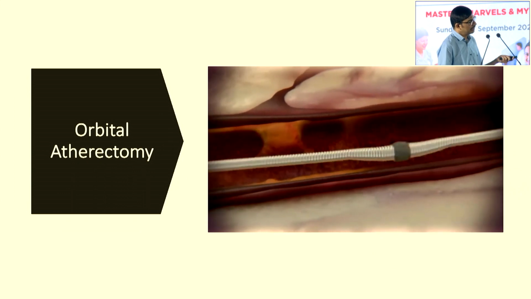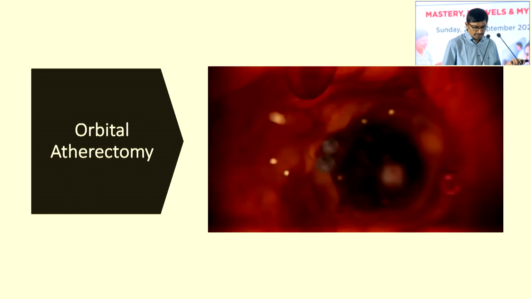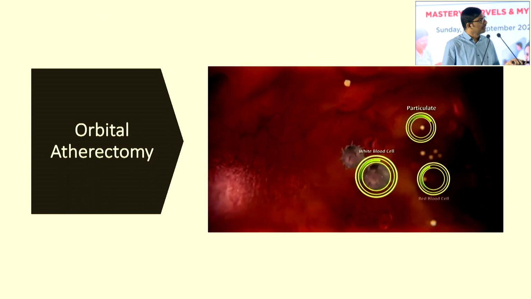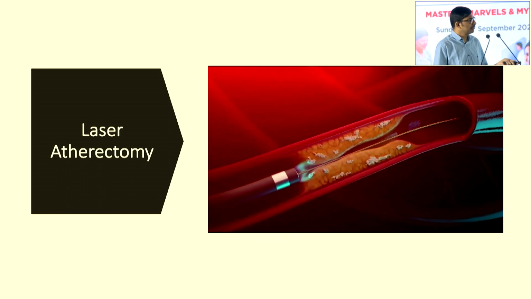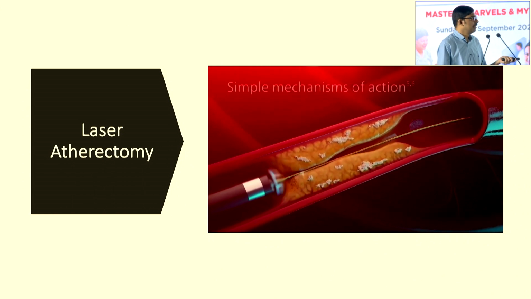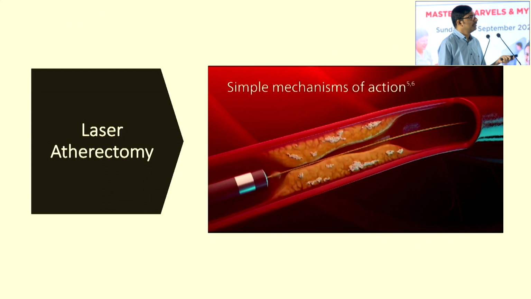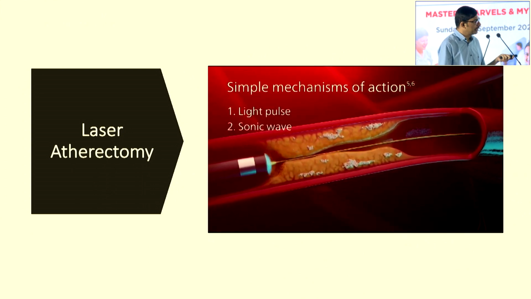So these two devices are commonly used, and particularly the first device when you are not able to cross with any of the balloons. And the next one is a laser. Mainly we use it for lesions which are not crossed with any of the devices. Particularly we use it for calcium-related underexpanded stents, which we showed earlier.